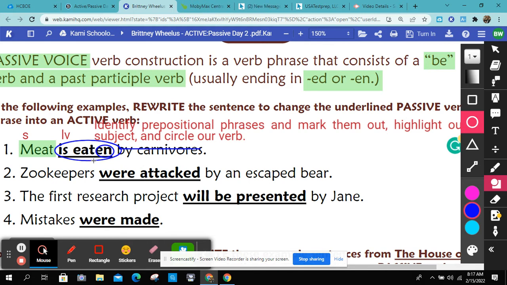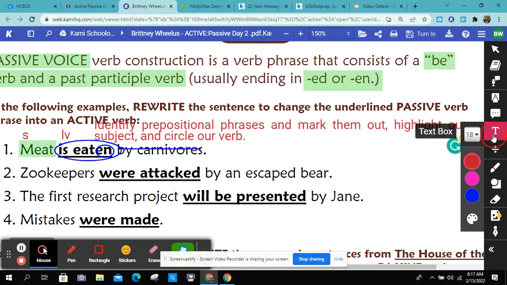Okay. Now, what we have to do here on this particular exercise is we have to change this sentence from passive to active. Okay. That means that we have to figure out who can actually eat the meat. Okay. All right.